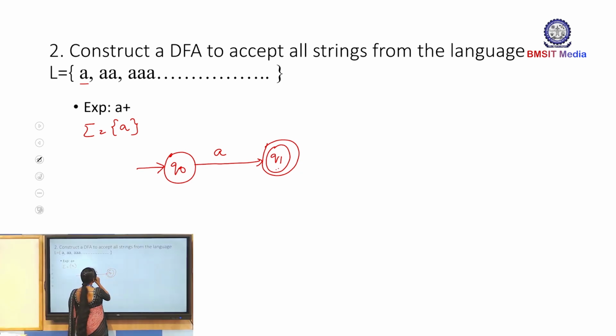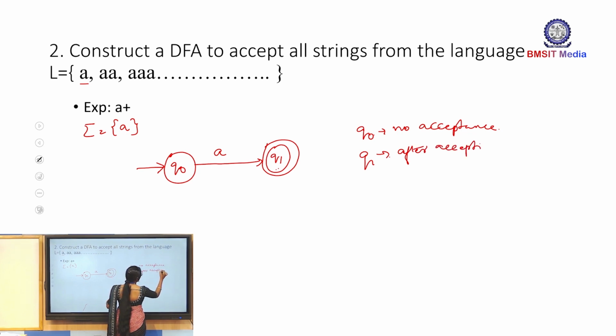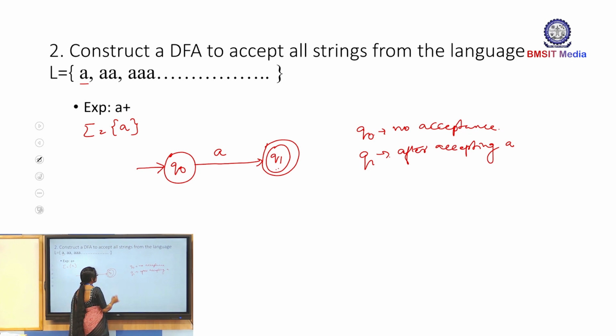So when do we reach Q1? When I'm in the state Q0 initially, there is no acceptance. Q1 is reached after accepting A. Now being in Q1 as the current state, we have to make a transition for A. What happens on seeing another A?